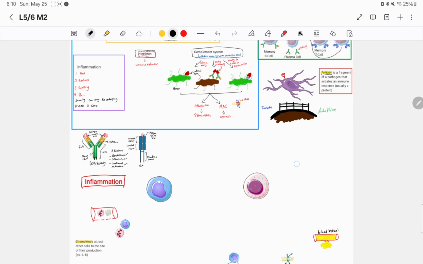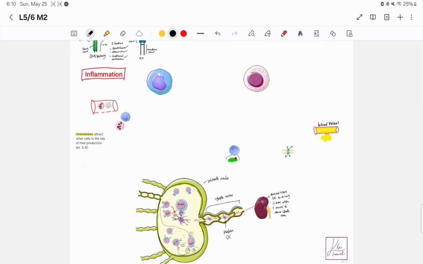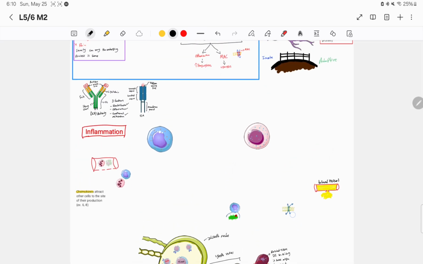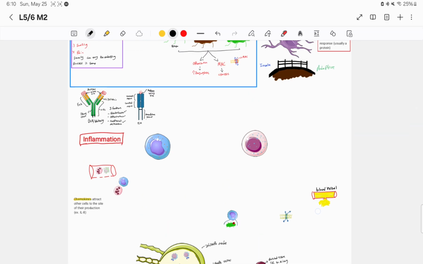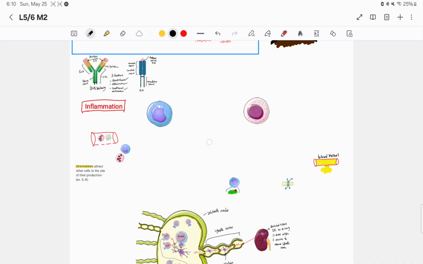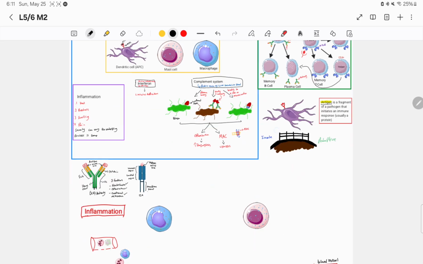The last concept that we are going to talk about is inflammation, and then we'll finish off the video because we've talked a lot about everything regarding immunology. So inflammation, as I'll have you remember, is part of the innate immune response.